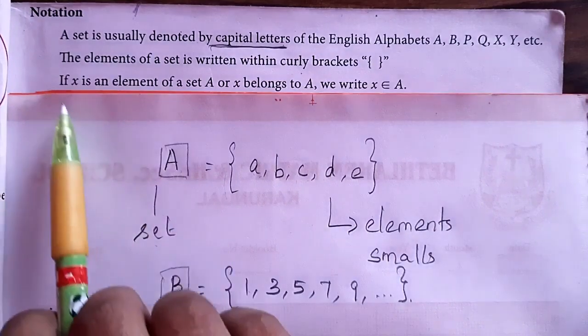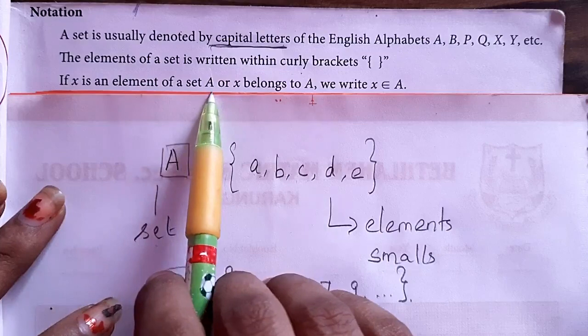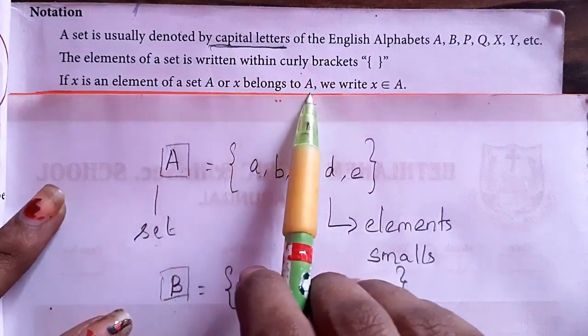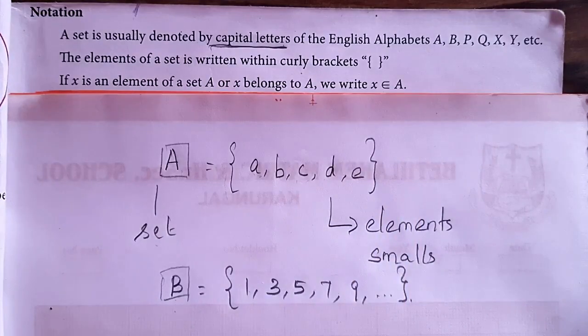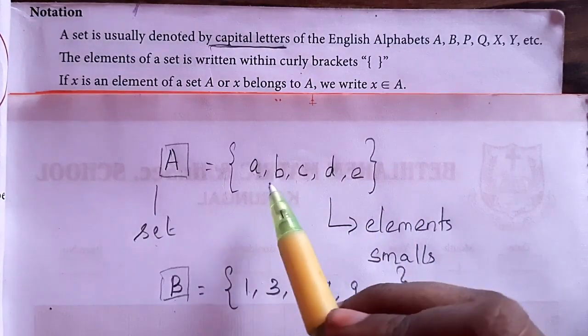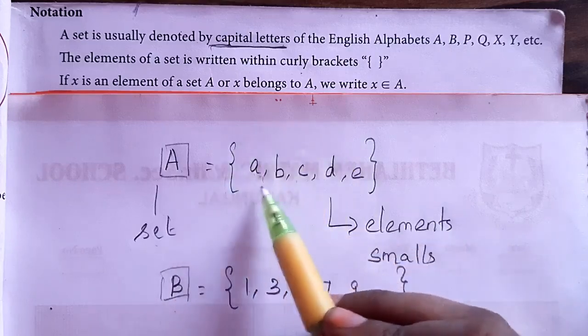Next one. If x is an element of a set A, or x belongs to A, we write x belongs to A. What do you understand from this sentence? Look at this example.